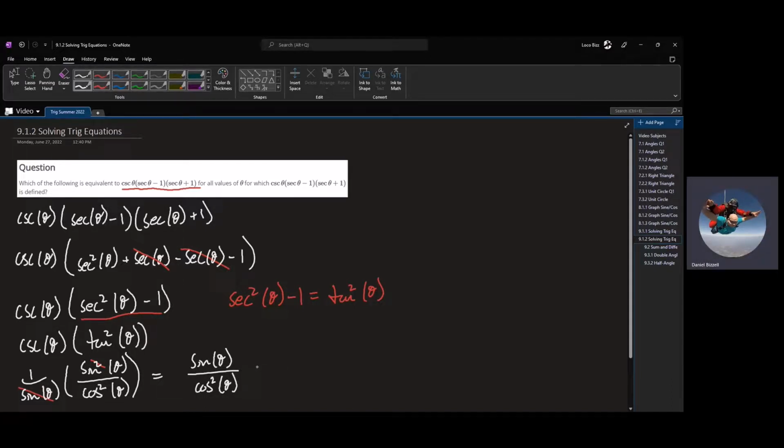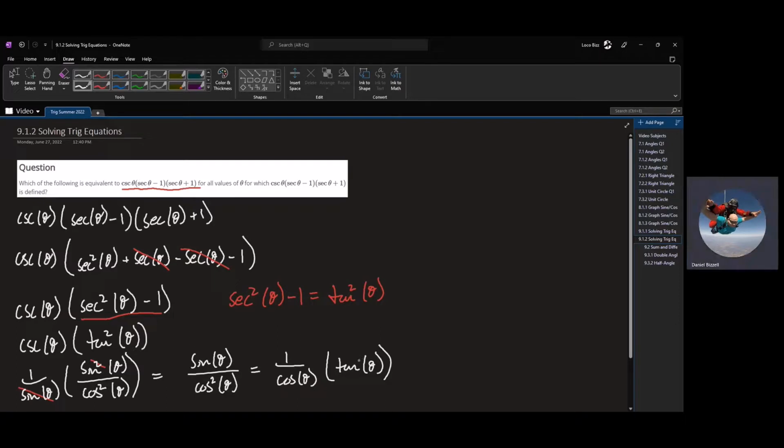And then we can simplify this even further by saying this is equal to 1 over cosine theta times tangent of theta, because we have one extra cosine left over here. It's not a sine squared on top anymore.